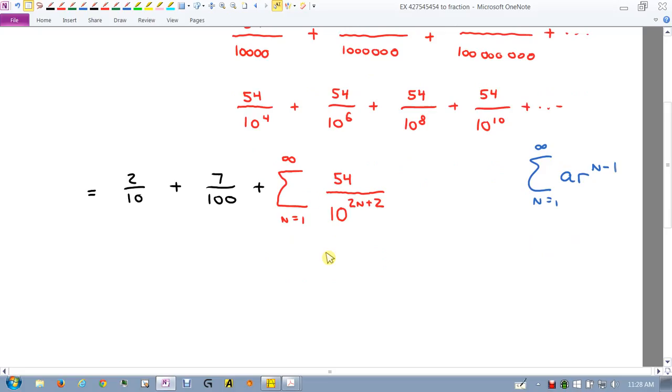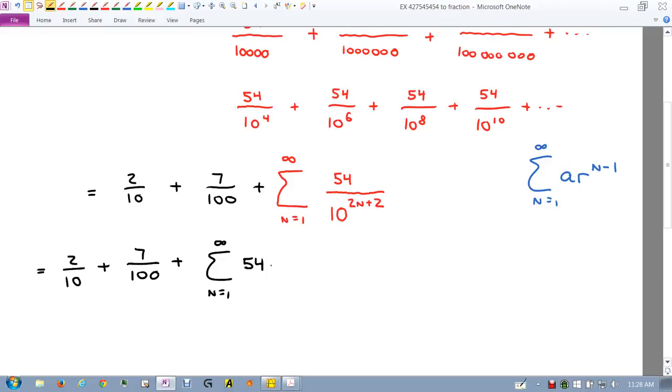It doesn't matter. I think what I'll do is I'll keep it in the sum. I don't have to, but I will. 54 times, and then I'm going to rewrite this as 1/10 to the 2n plus 2. Now you tell me if you agree. Is that the same thing?